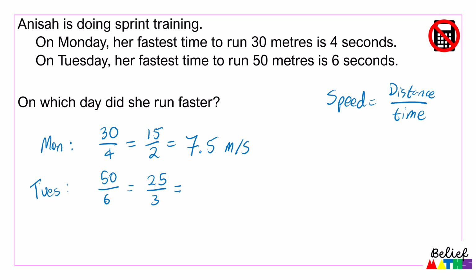And then if we simplify that, you might not be able to make it into a decimal, but into a simplified mixed number we might be able to do. So 3 into 25 goes 8 times, remainder 1. So it's 8 1/3 meters per second. Now we can clearly see that 8 1/3 meters per second is bigger, so therefore the answer is Tuesday. So she ran a faster average speed on Tuesday.